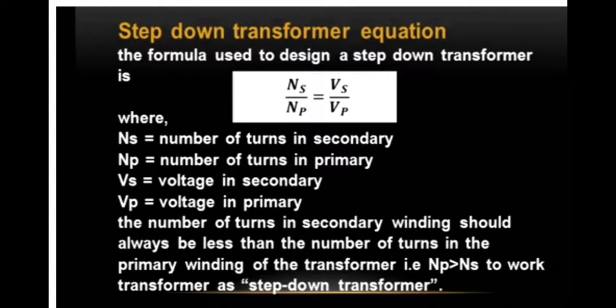Ns is the number of turns in secondary, Np is the number of turns in primary, Vs is voltage in secondary, Vp is voltage in primary. The number of turns in the secondary winding should always be less than the number of turns in the primary winding.